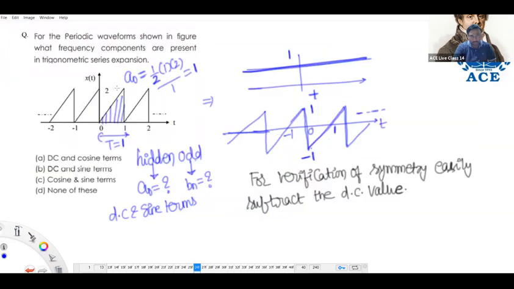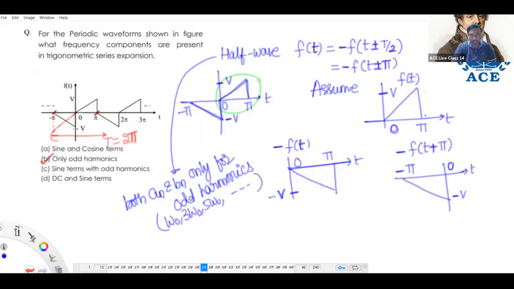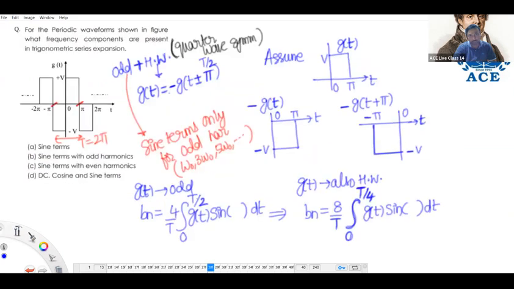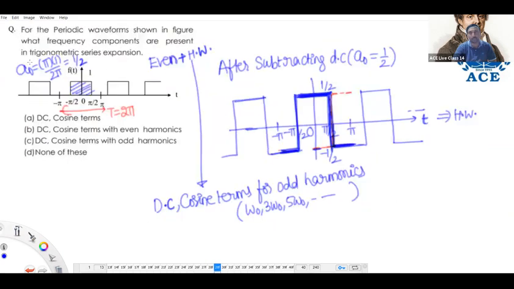Here the positive and negative amplitudes are not the same, so 100% DC is there. But in the next graphs, plus V minus V, no DC. This graph again has only positive amplitude, so 100% DC exists.